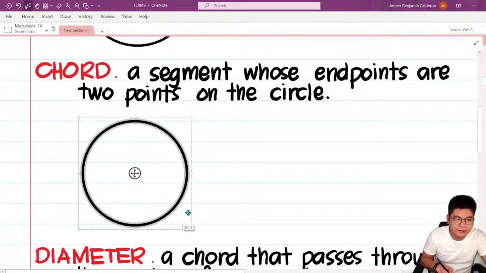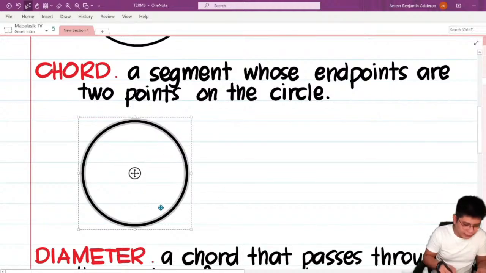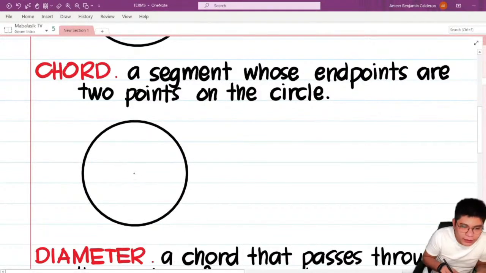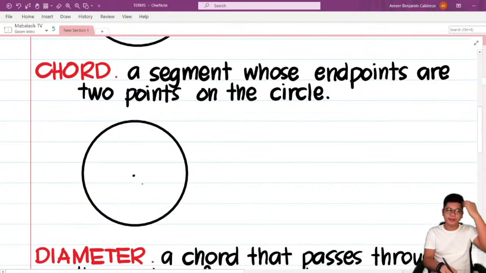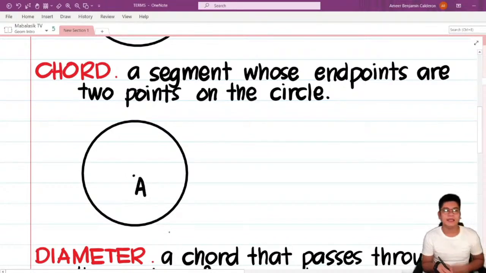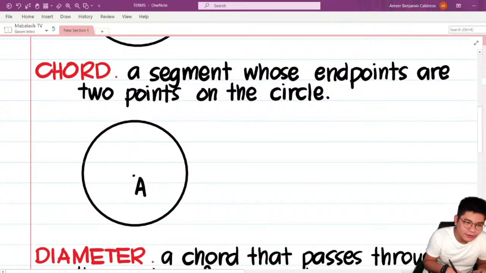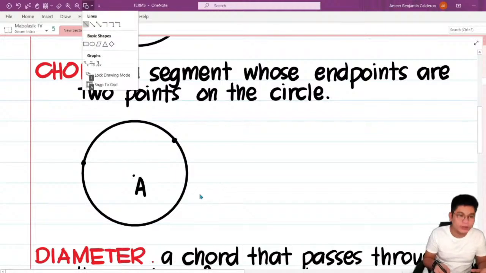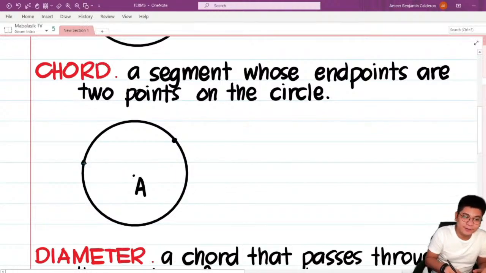Circle right there. There is our circle. And then this is our center. If this is circle A, and we want to draw a chord, this is a segment whose endpoints are 2 points on the circle. So a point on the circle and another point on the circle. Tapos, i-connect lang natin silang dalawa.